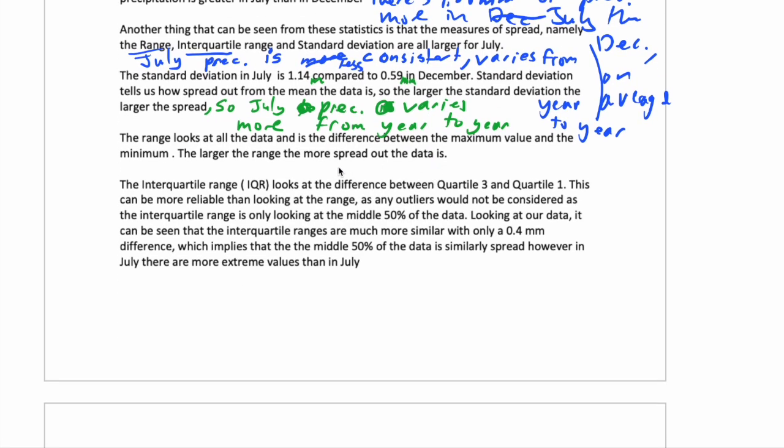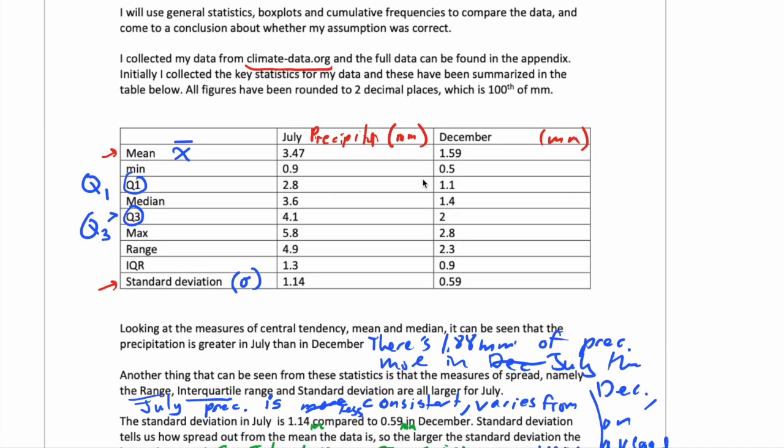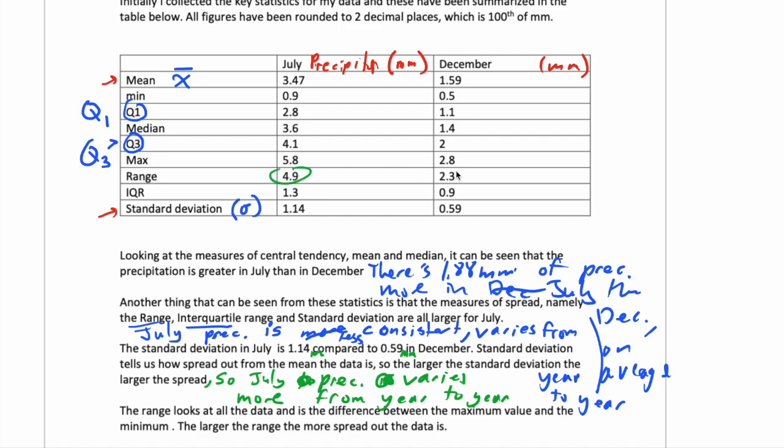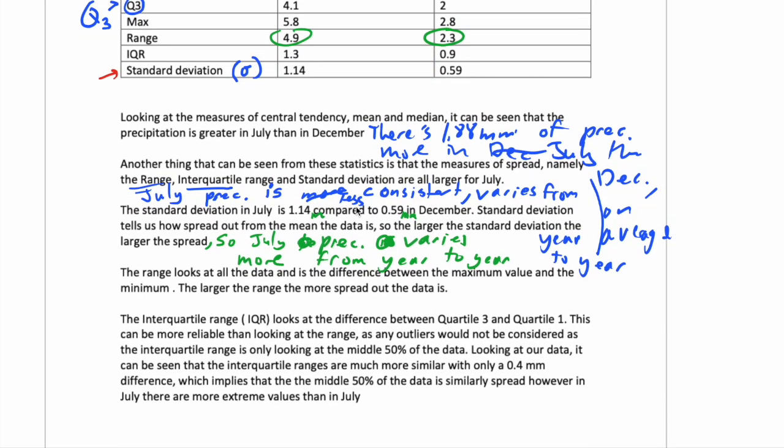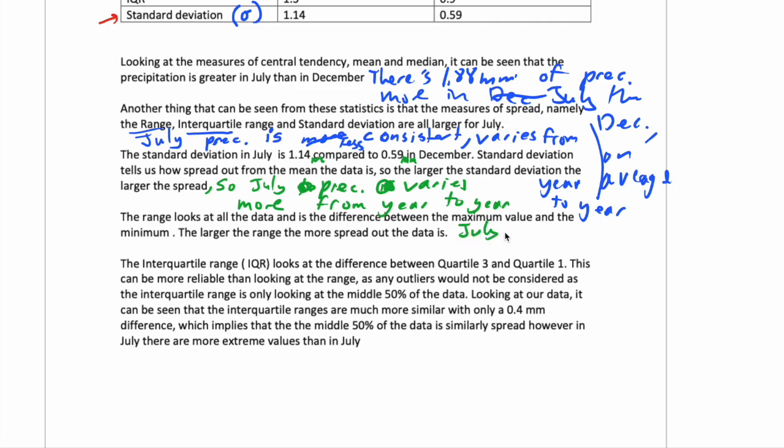Okay, the range. This paragraph talks about the range, but doesn't actually talk about the data values, so you need to do that. July has a higher range, indicating maybe again that July precipitation varies more.